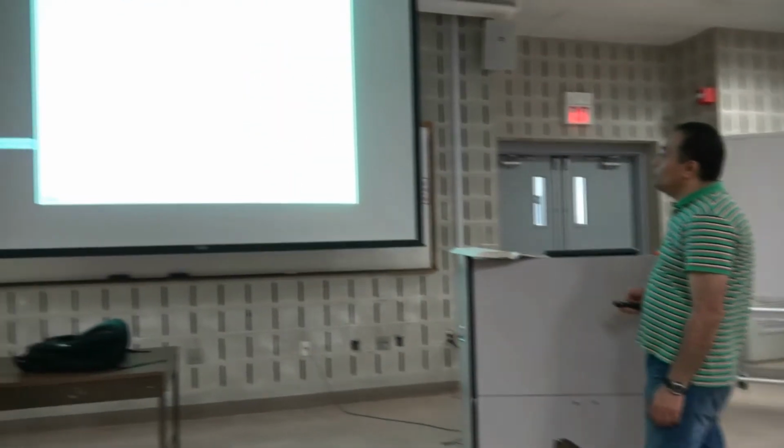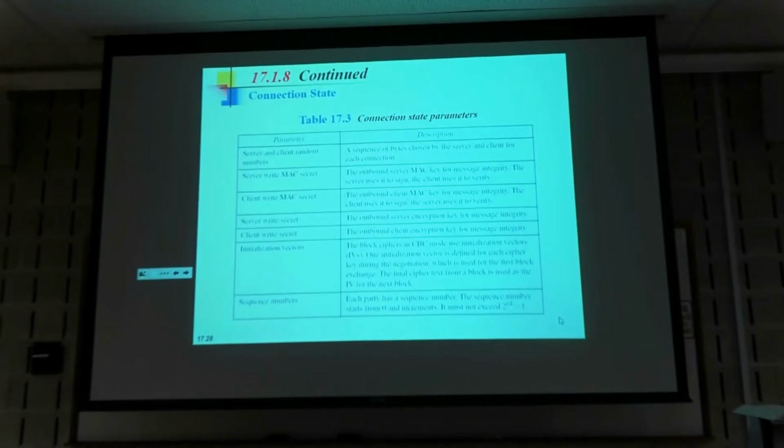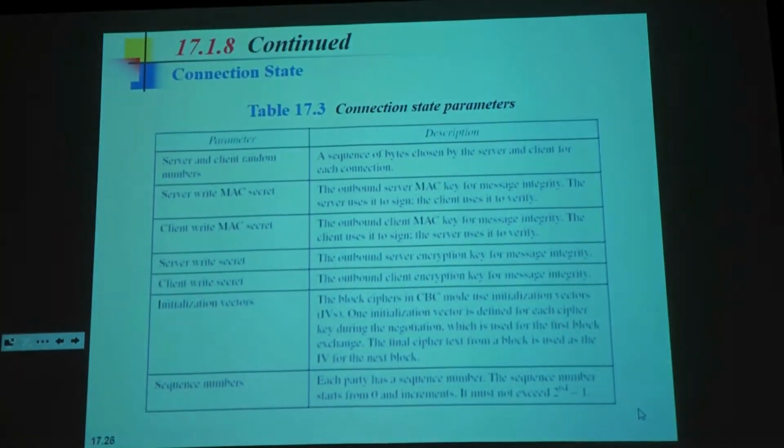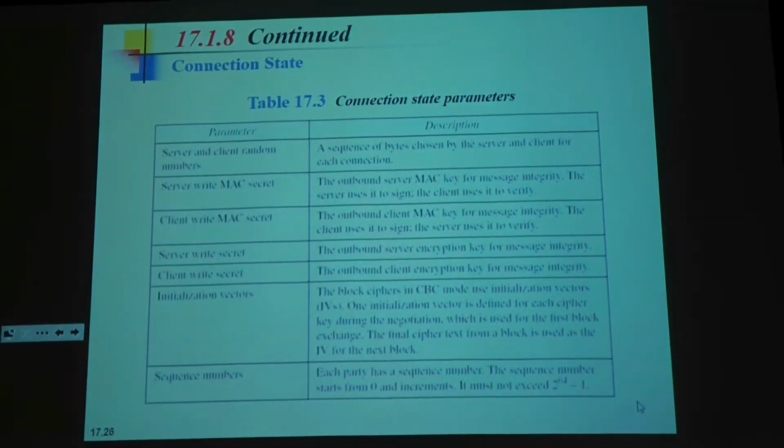Now for the connection state. The connection is defined by a connection state, a set of parameters established between two peers, as you see in here. This shows the list of parameters for the connection state. SSL uses two attributes to distinguish cryptographic secrets: write and read. So there is a write state and a read state.